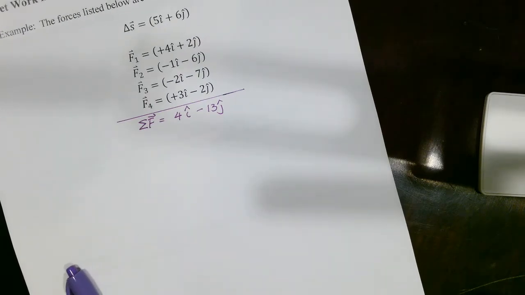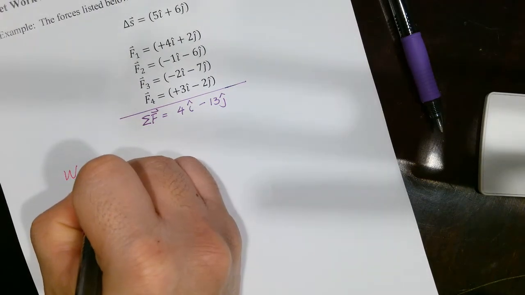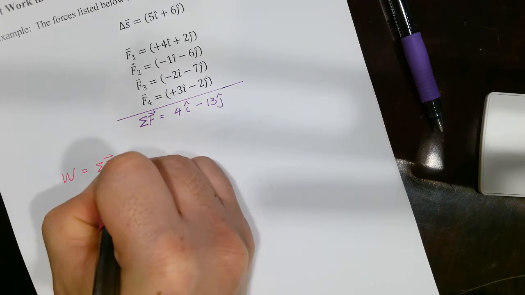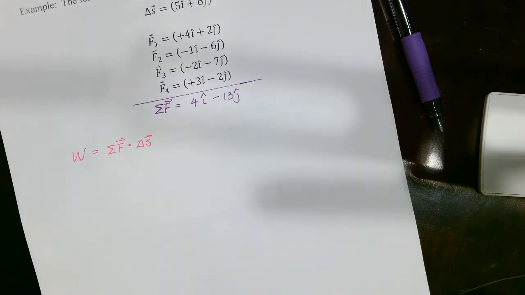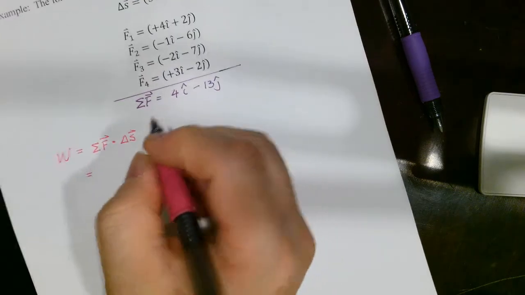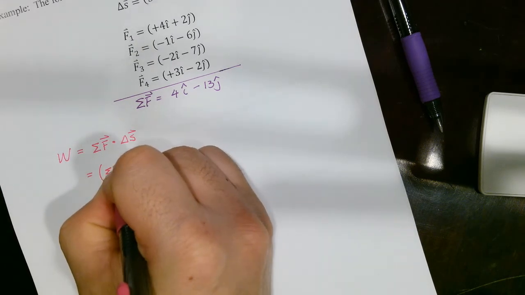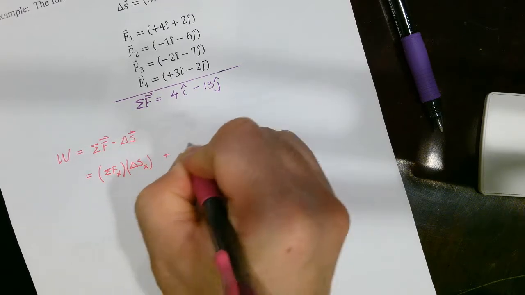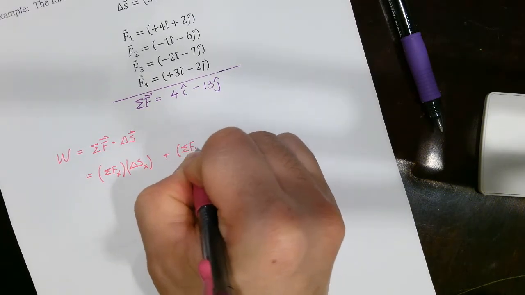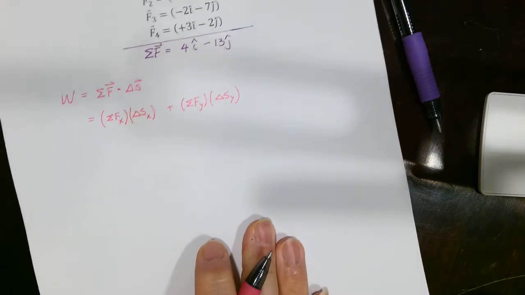Since work is equal to the net force dot delta S in this case, that is simply saying net force X times delta S X plus net force Y times delta S Y. Remember that for dot product?